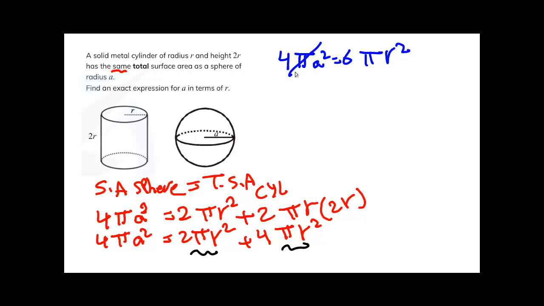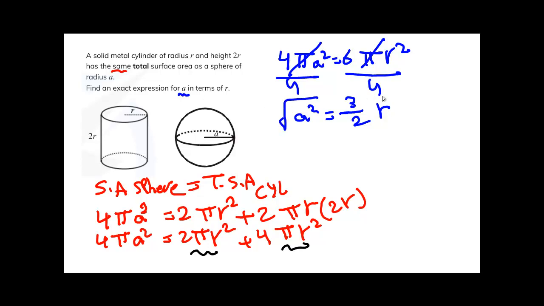We can cancel pi with pi and divide by 4 on both sides. So a squared equals 3 over 2 r squared, and our goal here is to find a, so we have to find the square root. So a equals the square root of 3 over 2 multiplied by r.